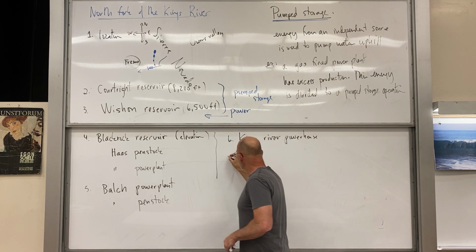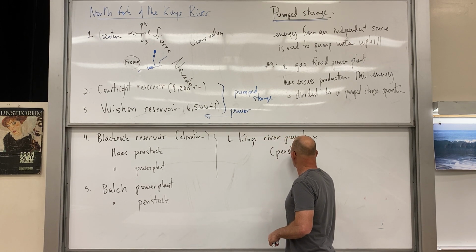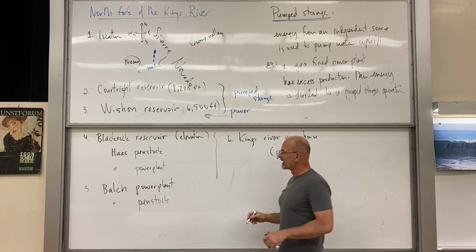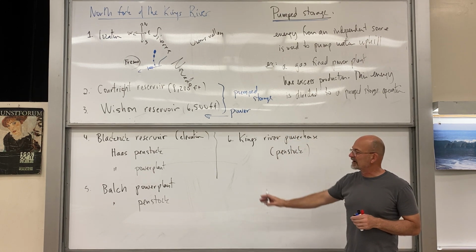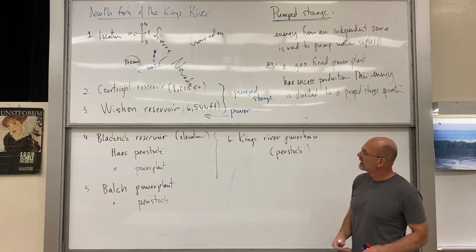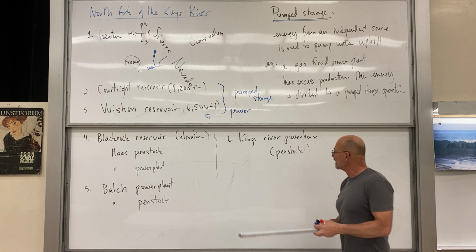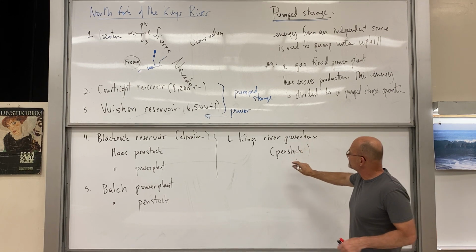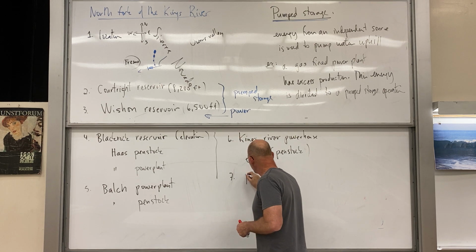But that itself isn't the, there's also a penstock here. If you look at these things through satellite view and zoom in, you can actually see all of these features. You can follow them downstream. If you just start up at Courtright, keep going downstream. So you got the Kings River powerhouse, and then there's one more. You've got Pine Flat Dam.